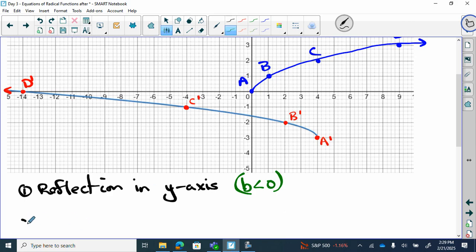Step 2, vertical stretch factor. I'm comparing y values. Now again, I can go from A prime to B prime, but I'd have to compare it A to B. Or I could go A prime to C prime, I'd have to go A to C. I usually just stick with the first 2 points.